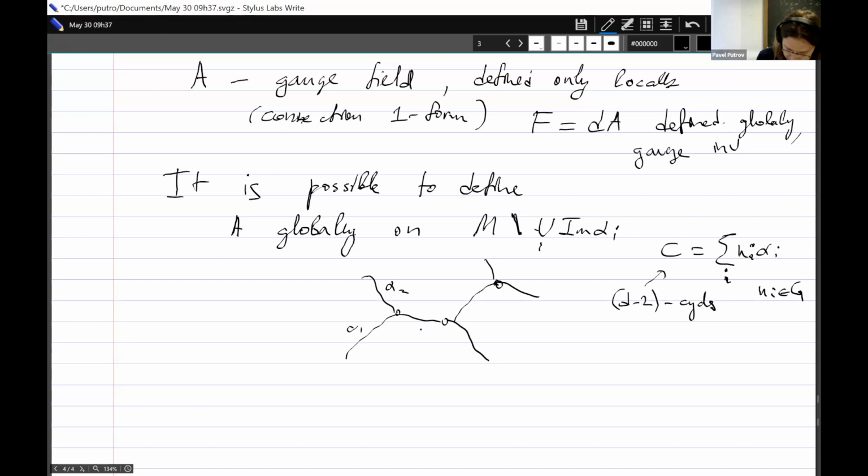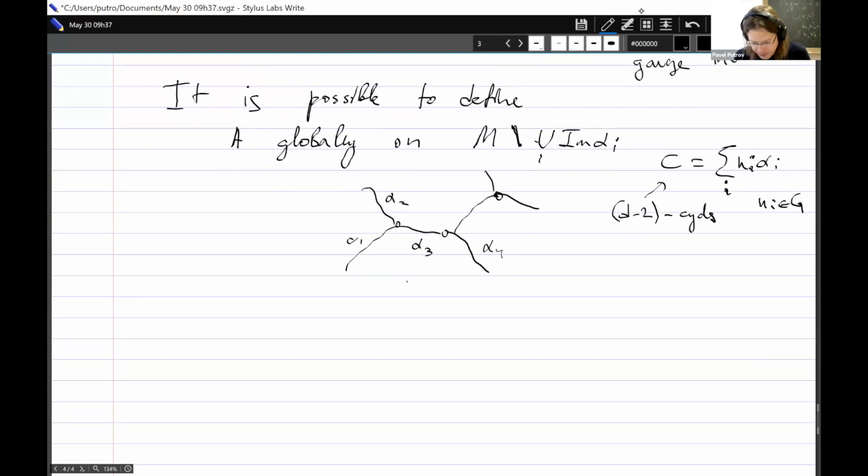The statement is that we can extend the definition of A to the complement of a network of (d-2)-dimensional defects. If you consider Maxwell theory, you should be familiar with this statement. These defects are known as Dirac strings.